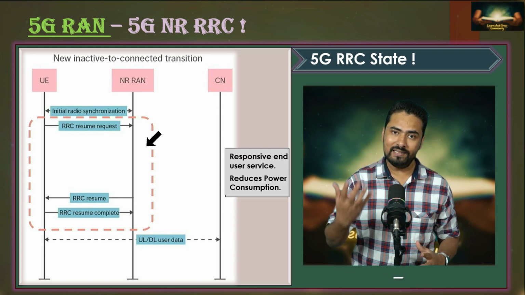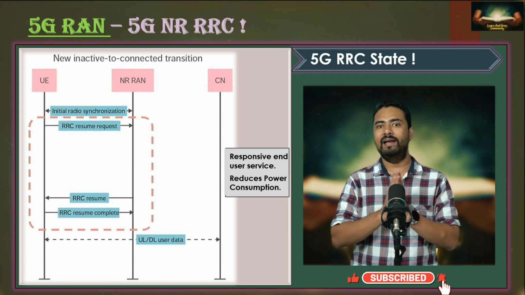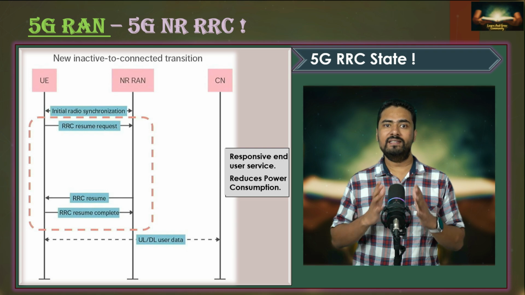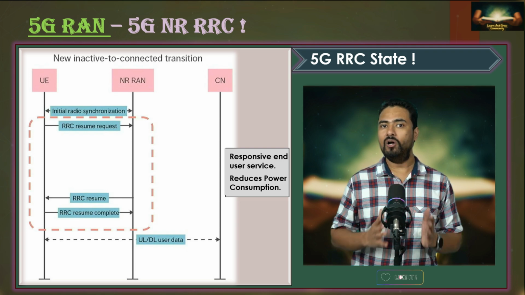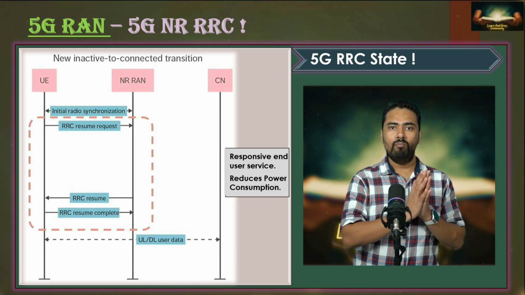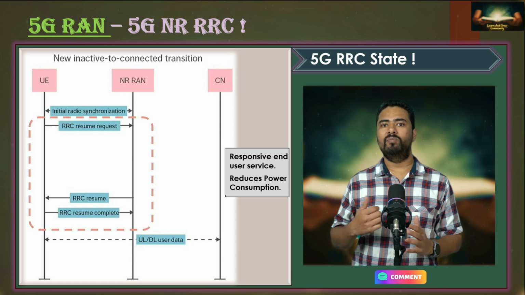And we have the RRC connection established very quickly compared to the legacy LTE network. This reduction in RRC signaling significantly reduces the latency. As a result, our network becomes more responsive, and this supports more end user services which demand better response time from the network.